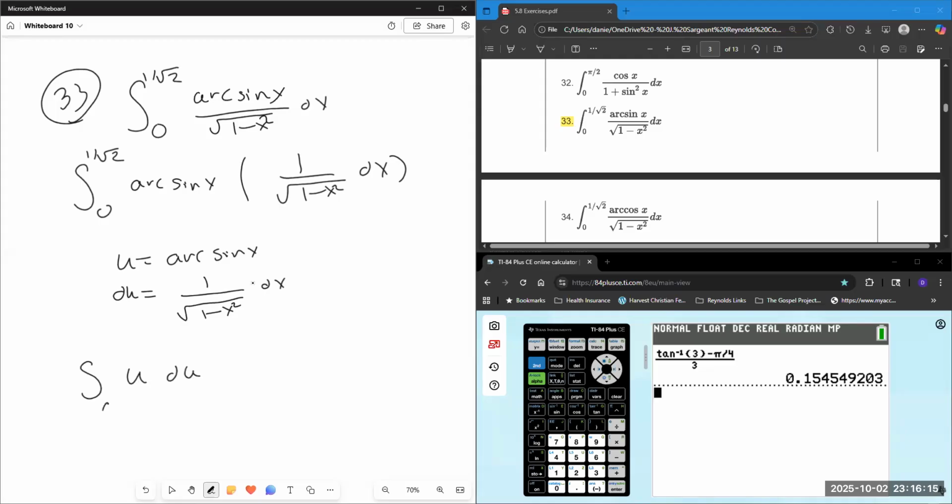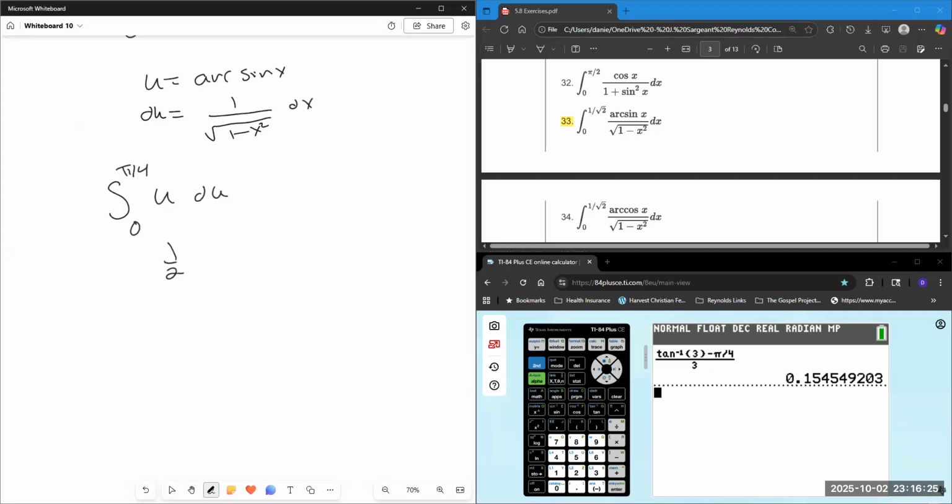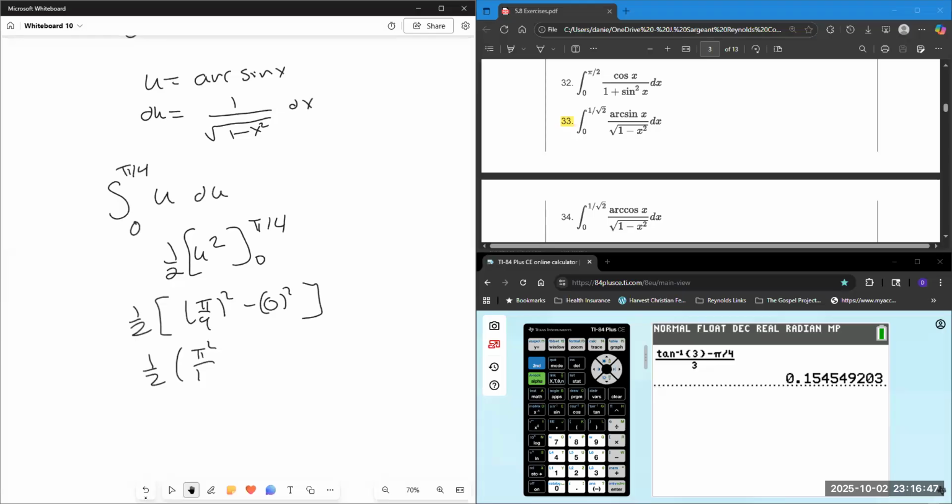Arc sine of 0 is 0. Arc sine of 1 over root 2 is pi over 4. So this is going to be 1/2 u squared, evaluated from 0 to pi over 4, is 1/2 of pi over 4 squared minus 0 squared, is 1/2 of pi squared over 16, is pi squared over 32.